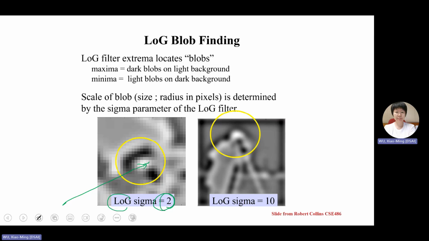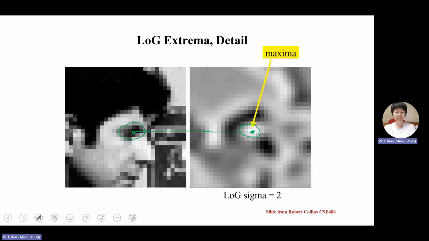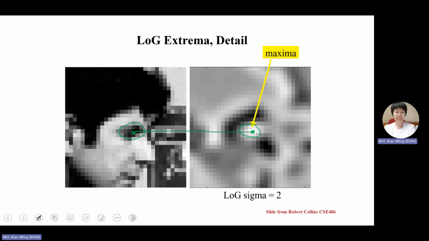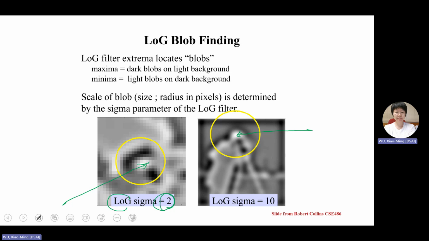However, if you apply a large LOG filter, you can see the maximum response is achieved at the center of the head region. If you apply sigma equal to 10, then the head is a blob. The highest response is achieved at the head region, because the head can be roughly seen as a blob.